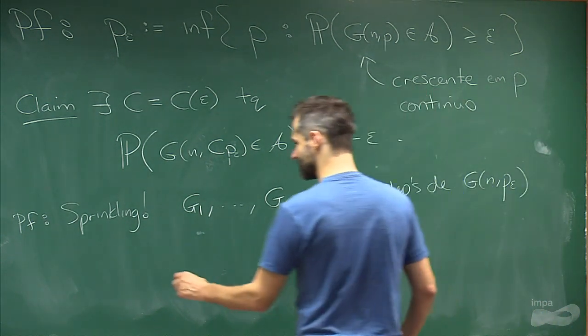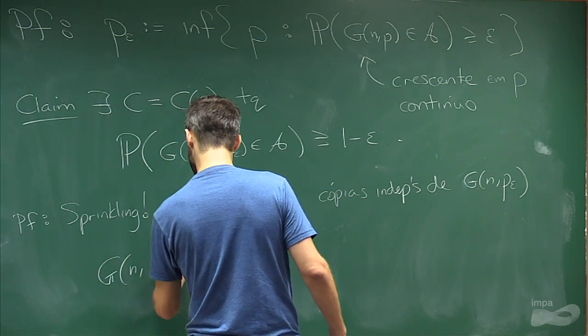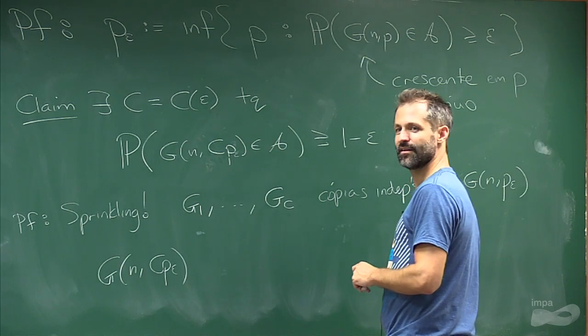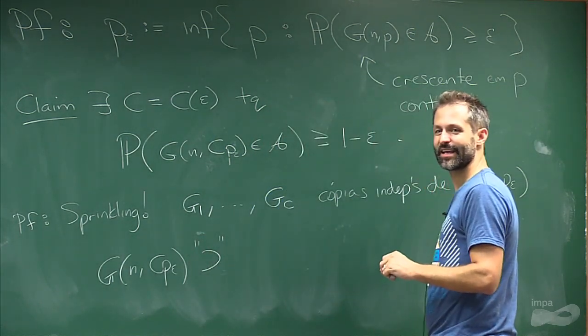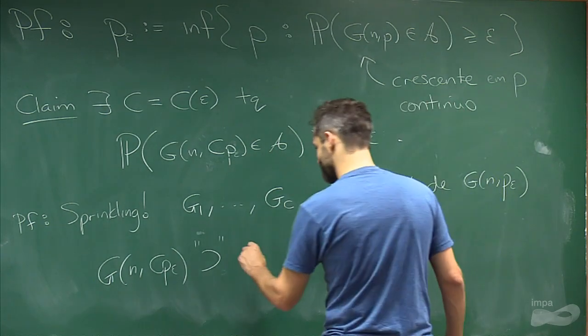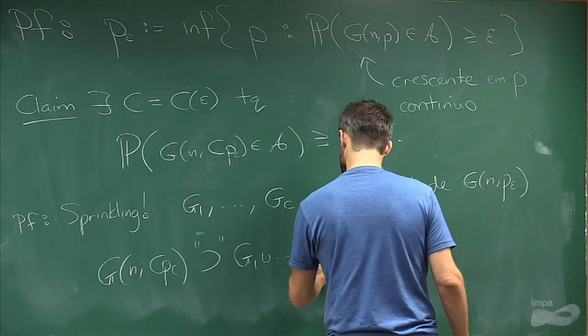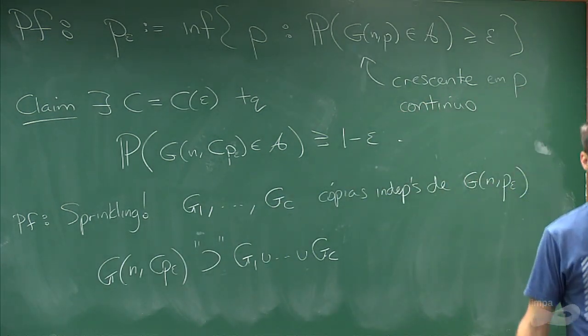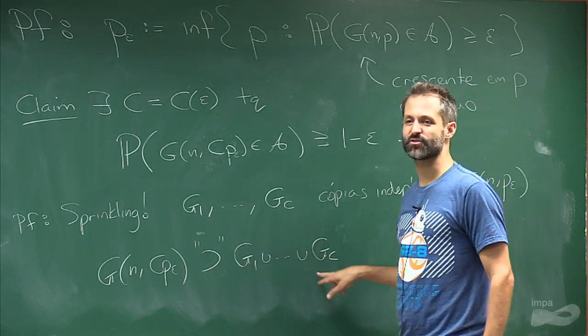And note that G(n, C p epsilon) contains, in the sense that, well, as I'll say in a second, the union of all of these things. Meaning, if you take this union, what's the distribution?